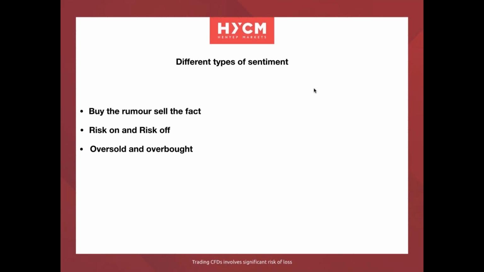Sometimes you see a fundamental shift in monetary policy. I will hope to cover fundamental analysis with you at some stage in the future, so don't worry if you don't quite understand it yet. But when you do see a fundamental shift in monetary policy, that can catch traders unaware, and you can have very quick adjustments in price when traders are heavily positioned to one side of a trade.